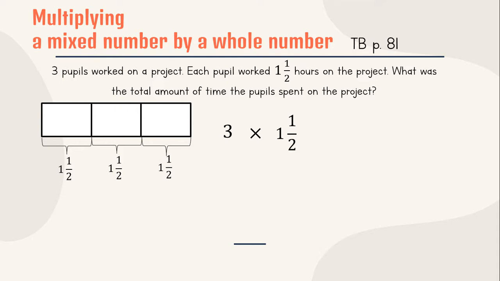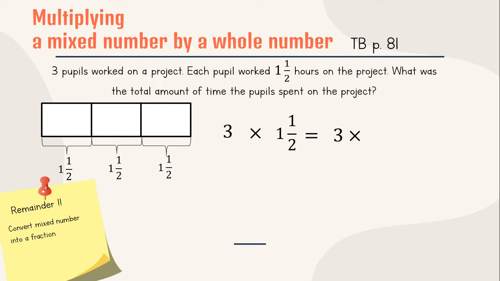3 times 1.5. Before that, because the problem is in a mixed number, we've got to convert this mixed number into a fraction. Look, this is a mixed number and this is a whole number. Whenever you multiply by a mixed number, you've got to make it into a fraction.